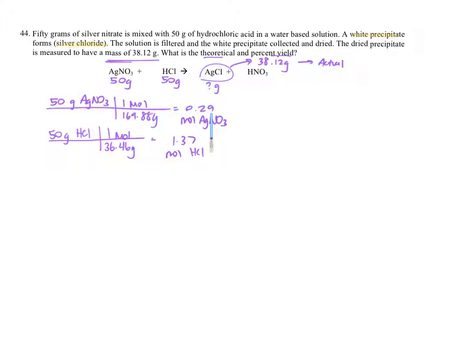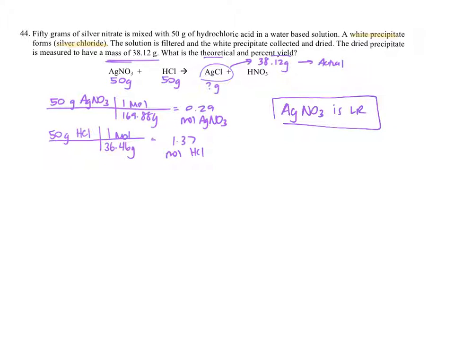This one has 0.29. This one has more than you need. You go the opposite way. This is 1.37. This should be 1.37. You don't have enough. So it's whatever one you don't have enough of is going to be your limiting reactant. Especially when the ratio is 1 to 1, that's pretty simple to figure out.